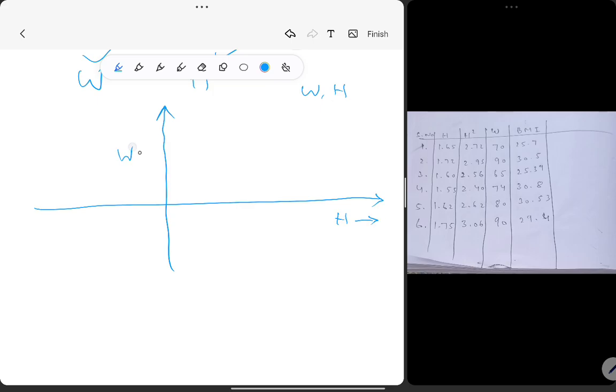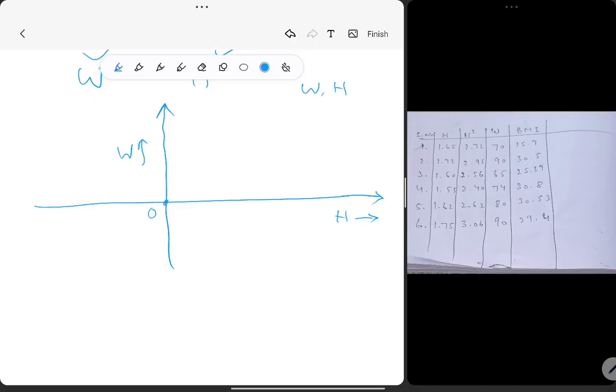Now this is the origin, right? We cannot have negative height or negative weight, so I will not use those. The graph has four quadrants: 1, 2, 3, 4. Only this quadrant will be meaningful for this problem.